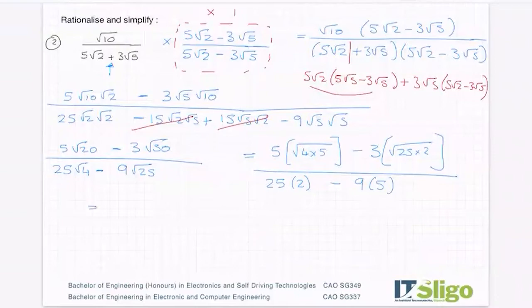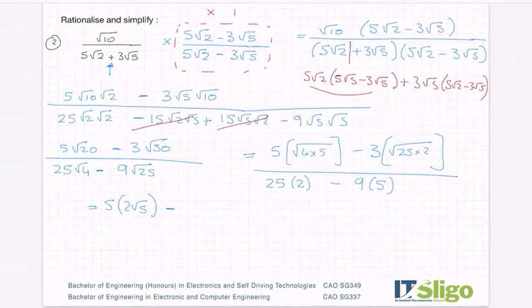Okay, in the same way here now, root 4 is 2. So that's why that top number, root 20, simplifies to 2 root 5. Okay, so if you put root 20 into your calculator, it's getting the square root of 4, which is that 2, and then you're left with root 5.